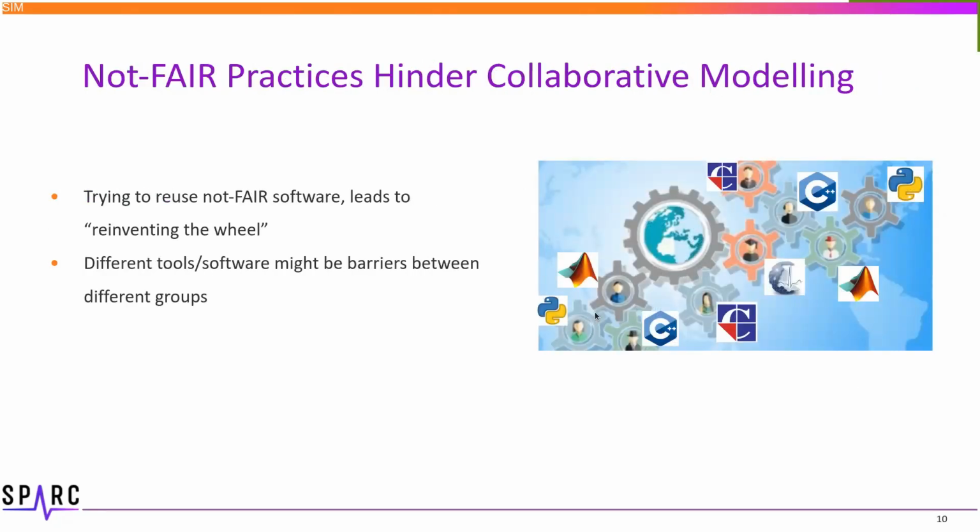And it's not only about our model and sharing in our publication, but when we don't follow FAIR principles, it's also difficult to collaborate. So there are many examples. I'm sure all of you have experienced that in computational modeling, that there's a piece of software that does something useful for you, but in the end it's not easy to use, it's not documented, and so on. So we end up always reinventing the wheel, so recreating things that have already been made.